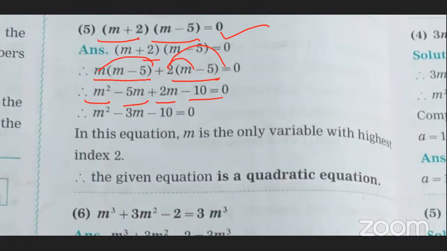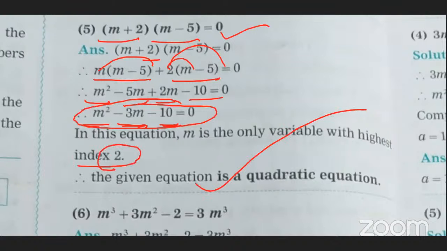Shift it, m square, 2 minus 5 equals to minus 3m and minus 10. This is your answer. m square minus 3m minus 10 equals to 0. So this is m variable with the highest index, so it is a quadratic equation. Am I right, my dear?